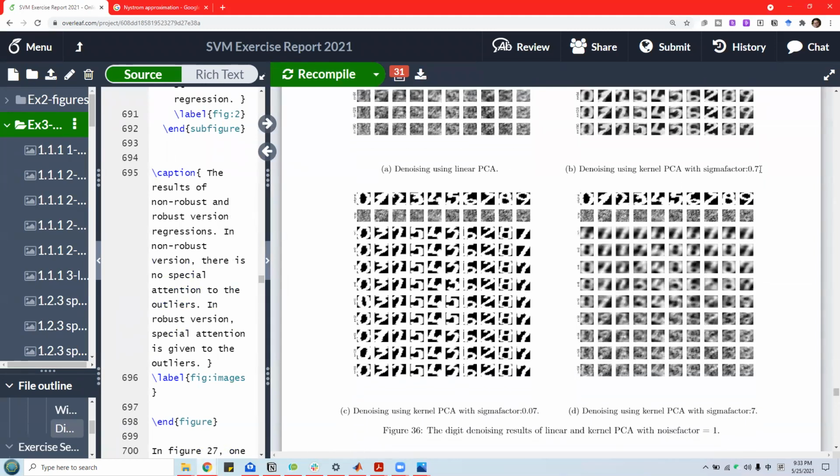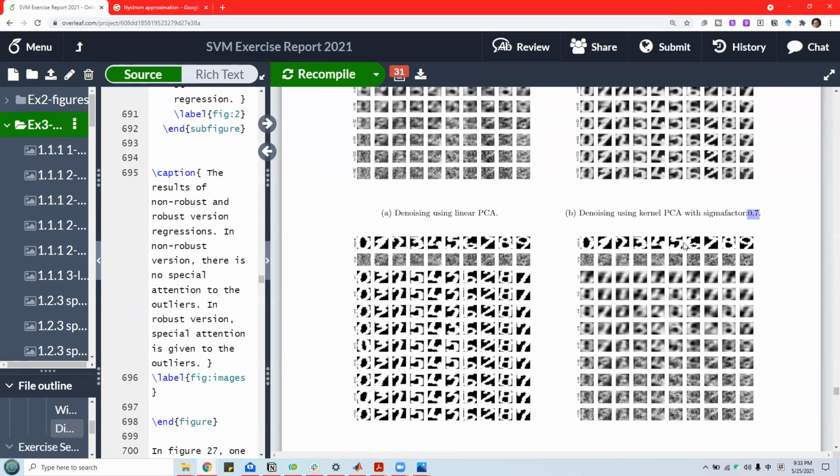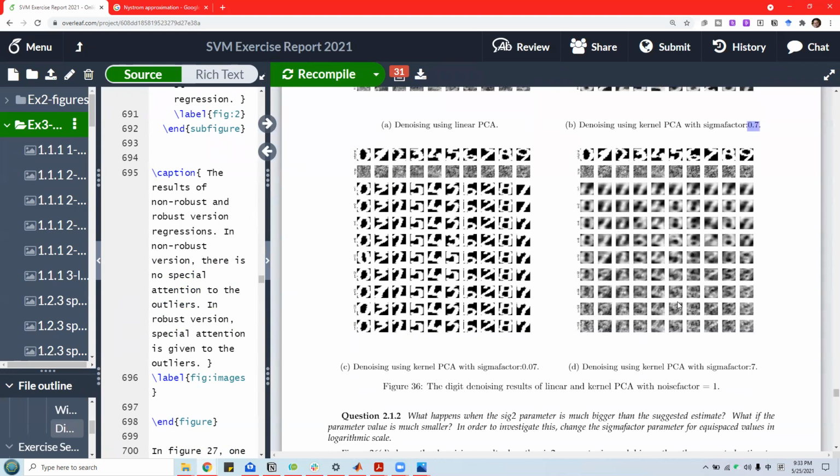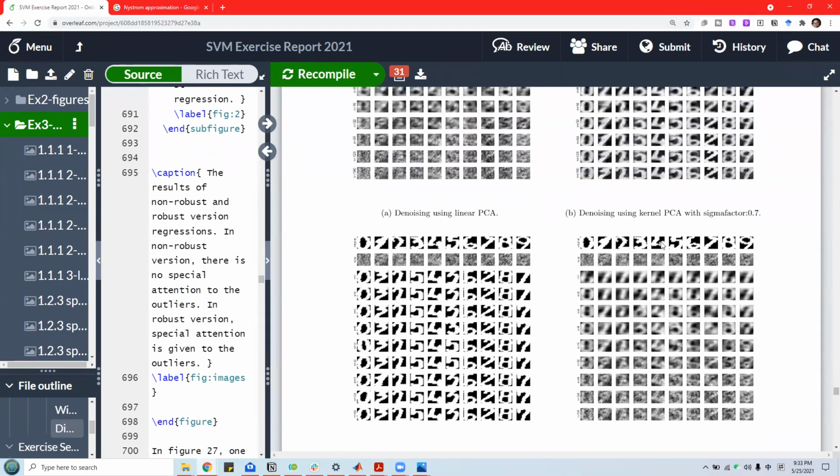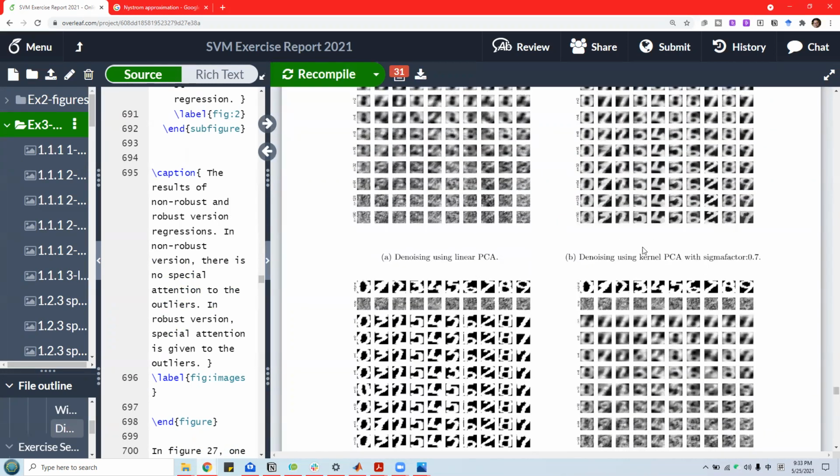The default one from the script is 0.7. Because they ask you to do a logarithmic scale, I just multiply by 10 and divide by 10, so I get 0.07 and also sigma factor 7 as well. Then I just run this kernel PCA trying to restore it.